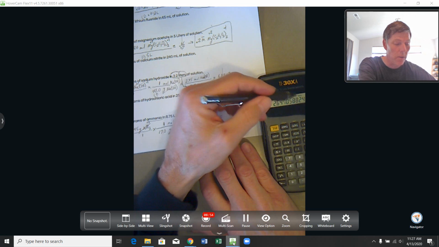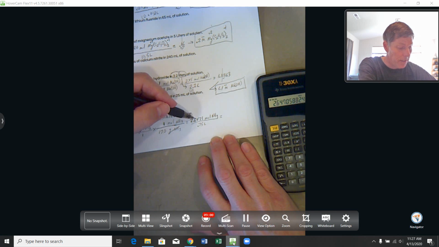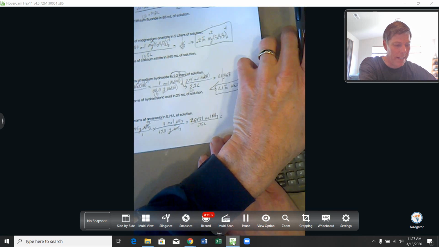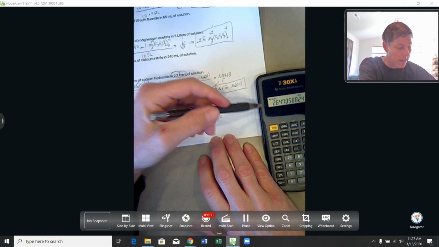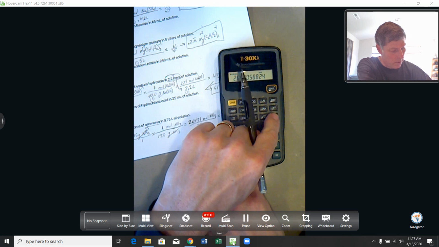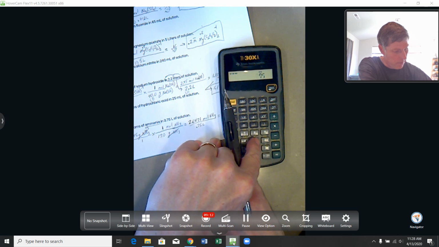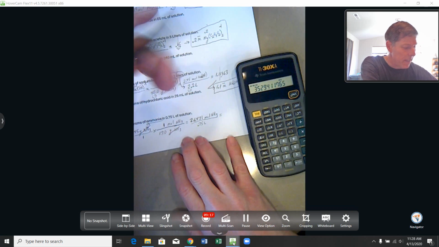So we're never going to clear that calculator value until we're completely done with the problem. So now that's the entire thing. I just don't want you writing out all of that. That's just not worth it. Okay, so now we're going to take this and we're going to divide by the 0.75. And that's going to give me that answer.